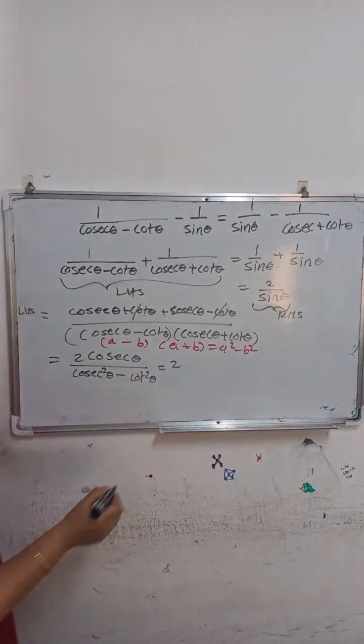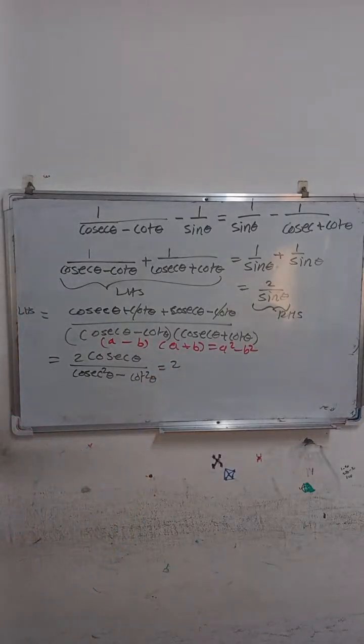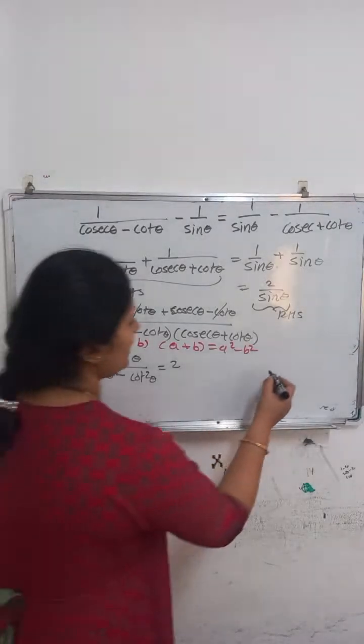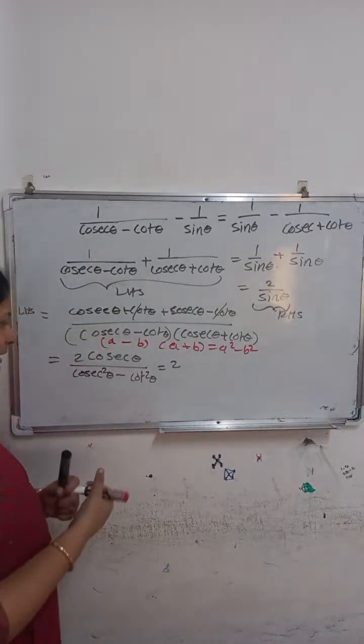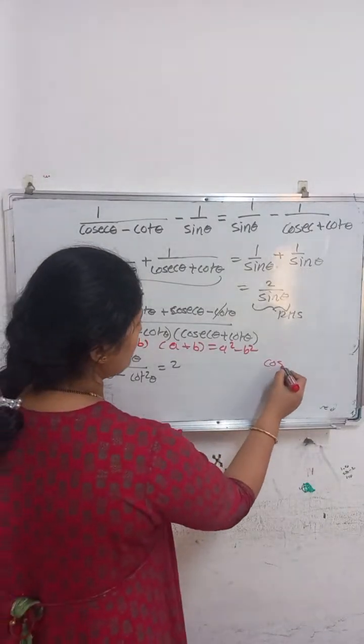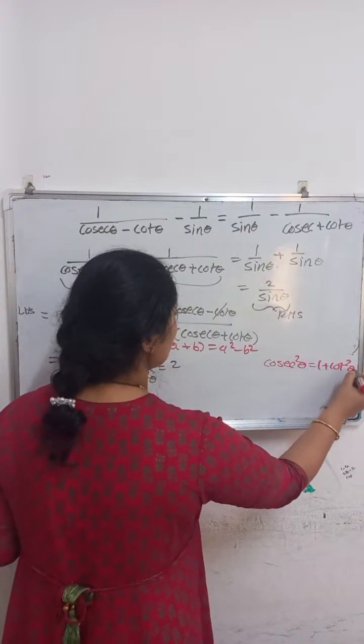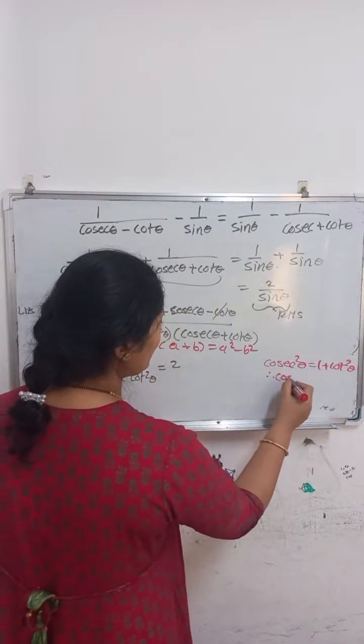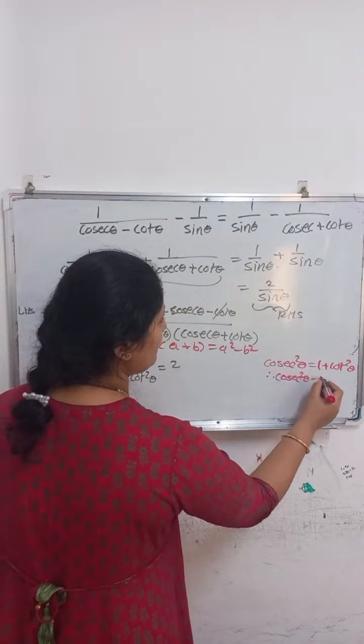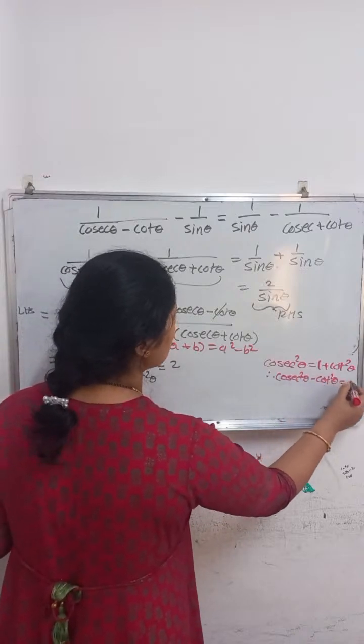We have the trigonometric identity cosec square theta is equal to 1 plus cot square theta. So cosec square theta minus cot square theta is equal to 1.